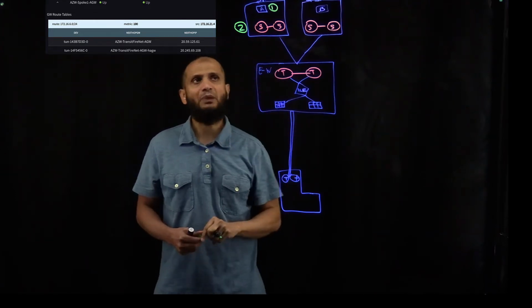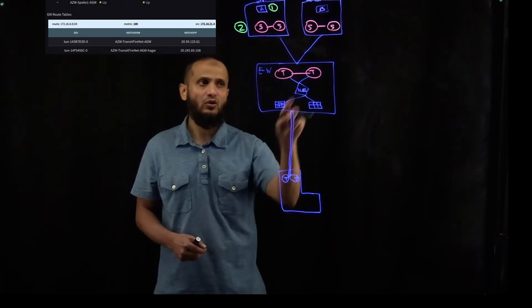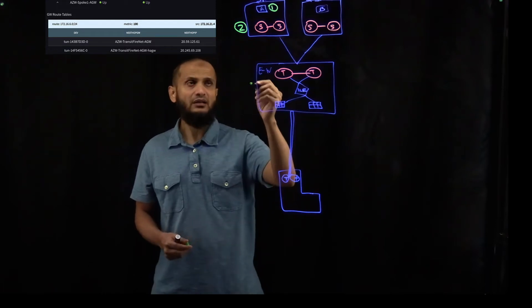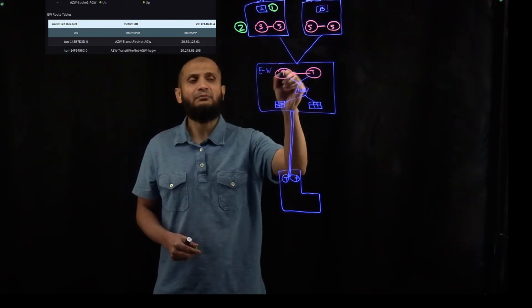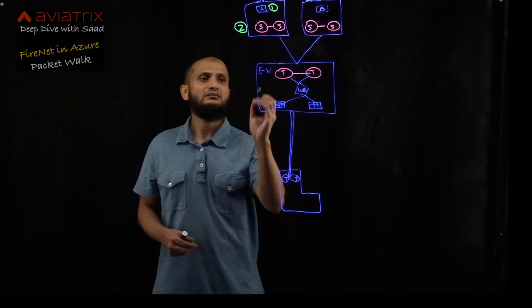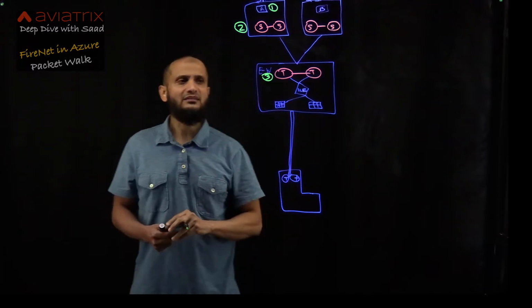And it has two paths. Either it can send the traffic over to the primary transit or HA transit. Let's say the hashing is done and the tunnel to the primary transit is selected. Now the traffic is received by the transit. What is the transit going to do?